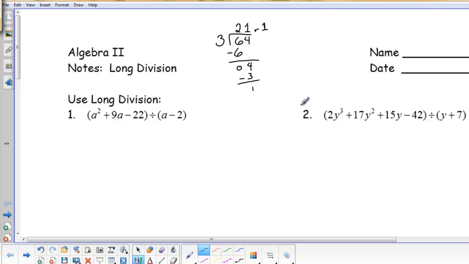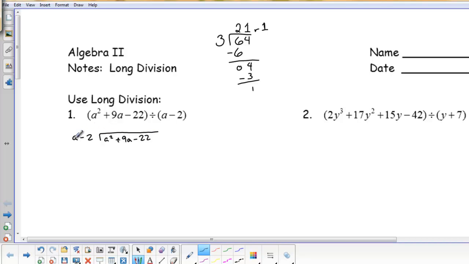Do the exact same thing when it comes to long division of polynomials. We're going to do a minus 2 on the outside of the division symbol. Inside is going to be a squared minus 9a minus 22 plus 9a minus 22.